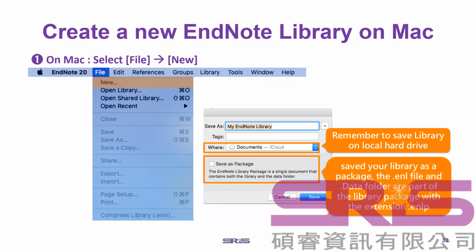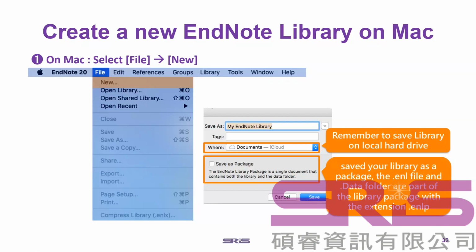That means you don't have your library in two files like Windows does. You can just save your library as a package that will have the extension .enlp, and that is unique to Mac OS.